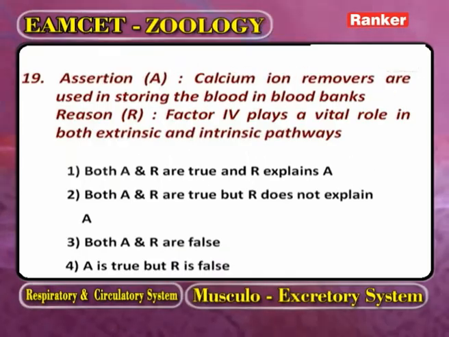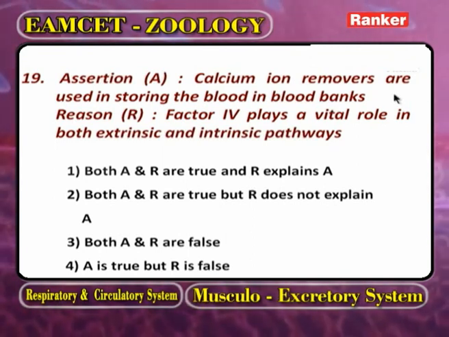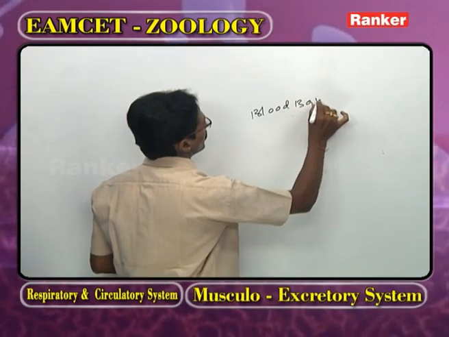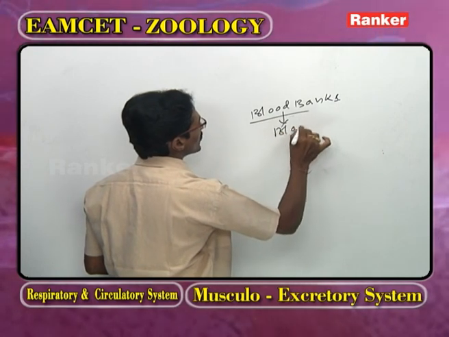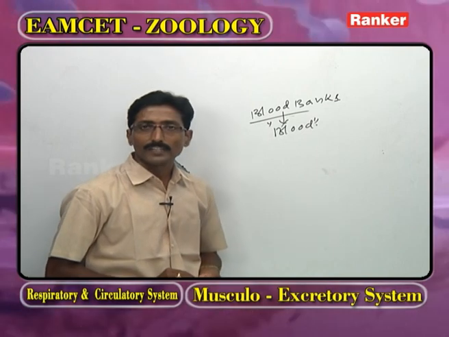Assertion: calcium ion removers are used in storing the blood in the blood banks. Now as we observe the blood banks, the blood is stored for some time. But what is the property of the blood?